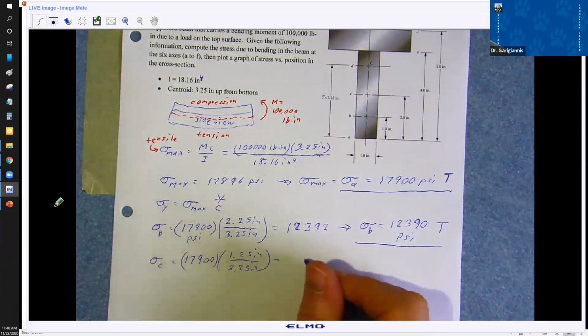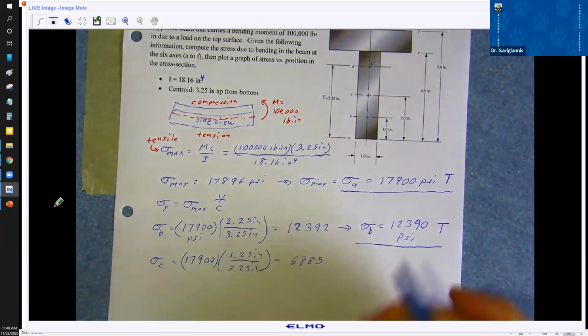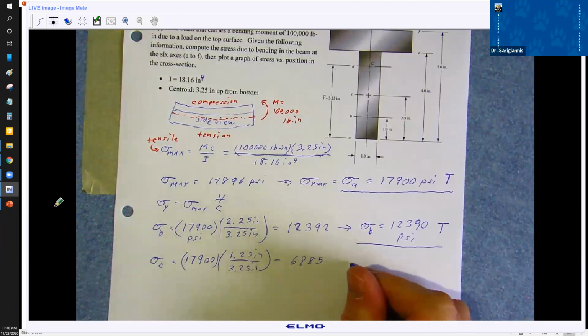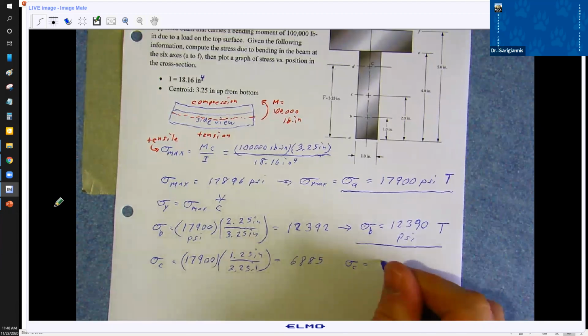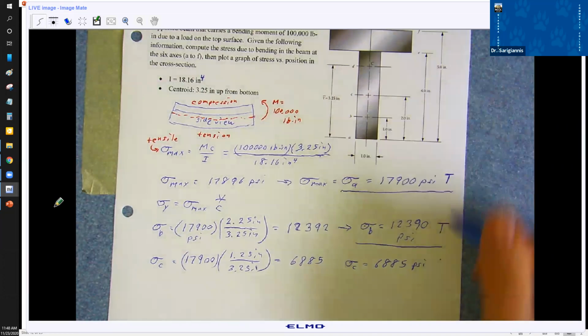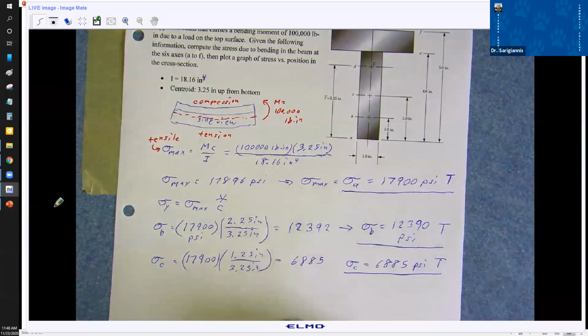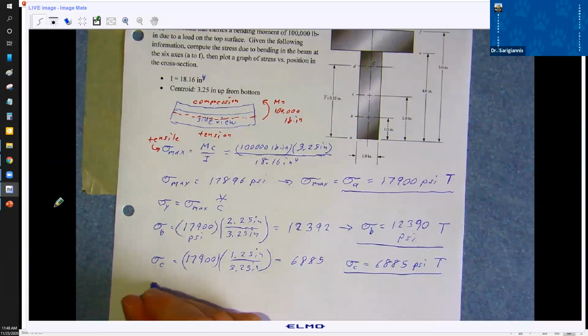So this gives us 6885. Am I rounding up or down? I'm going to leave it 6885. So sigma C is 6885 psi, I'll go with four significant figures, and that is also below the centroid. This is in tension, right?